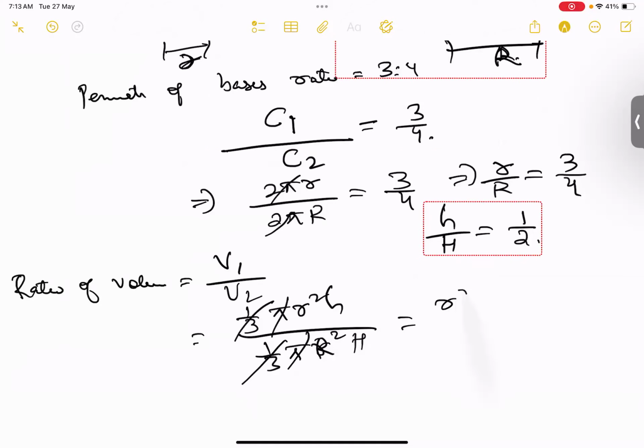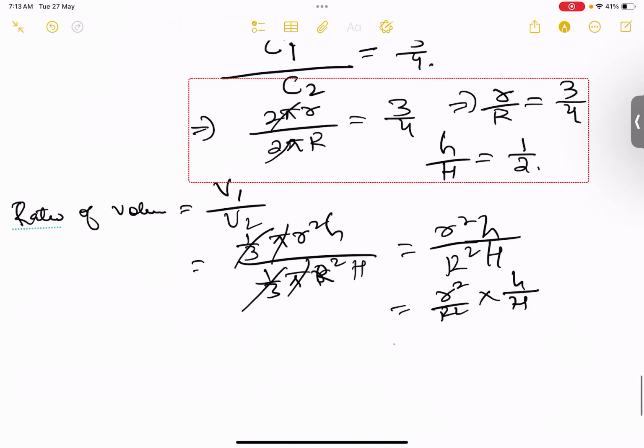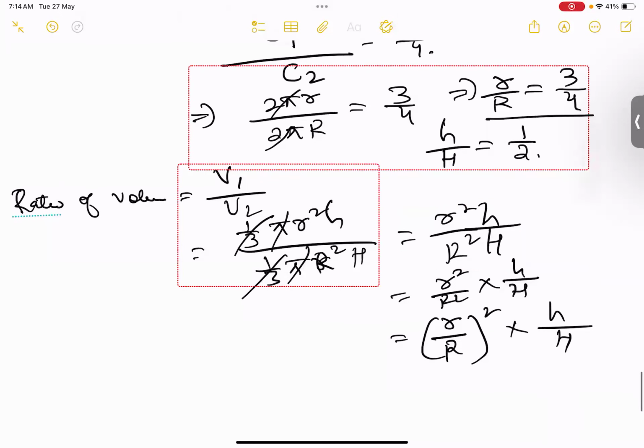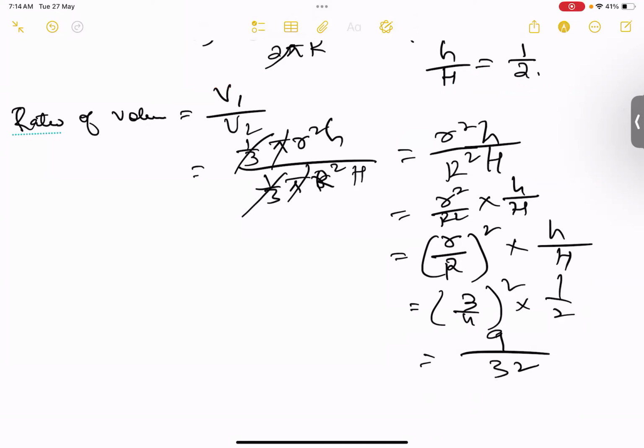Now we have r square h by R square H. Separate these two: r square by R square into h by H. Now r square by R square you can simply write as (r by R) whole square into h by H. Now substitute the values: r by R is 3/4 whole square into 1/2, which we get as 3 3s are 9, 4 4s are 16, 16 2s are 32. So the ratio of the volume will be 9:32. Is it clear, this question?